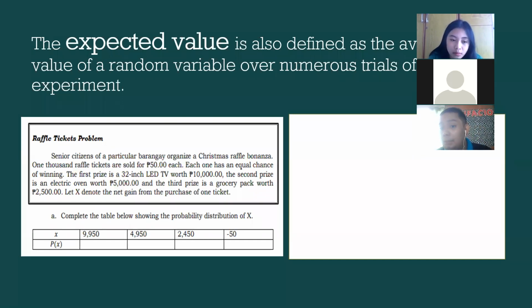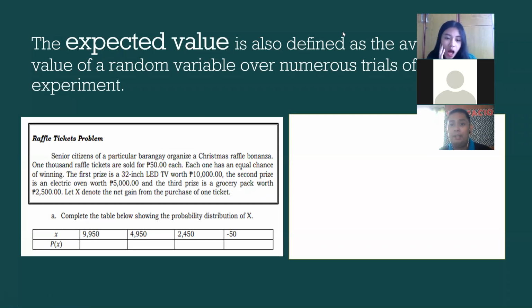Pero isa lang yung binili mo. So, ibig sabihin nito, that's 9,950. Ito yung kikitain mo kung mananalo ka ng first prize, kasi ang first prize is a LED TV 32 inches which is 10,000 pesos. 10,000 minus 50 which is your puhunan is 9,950.